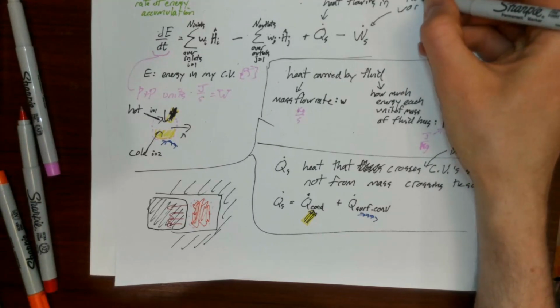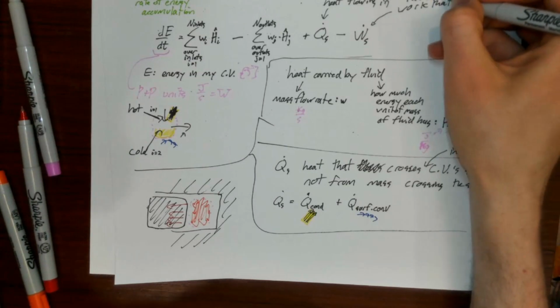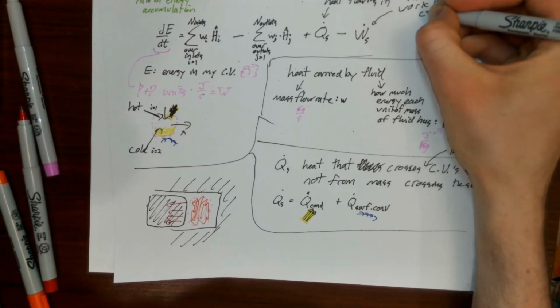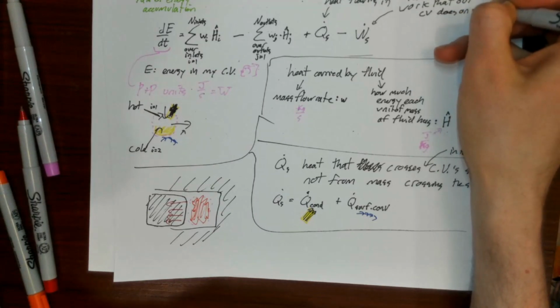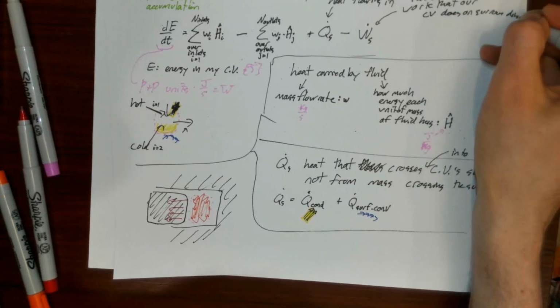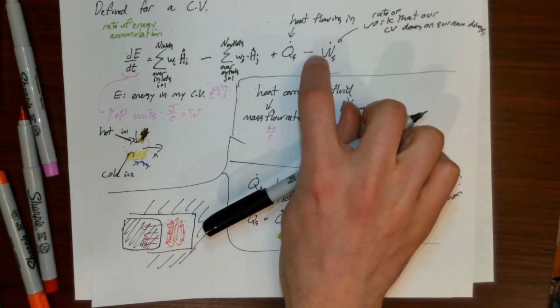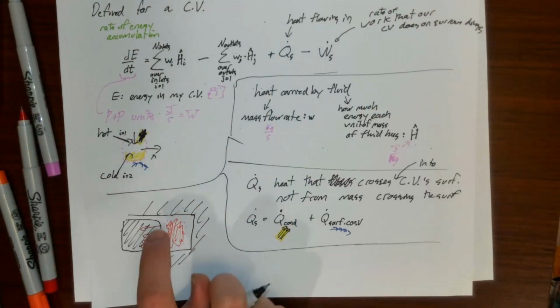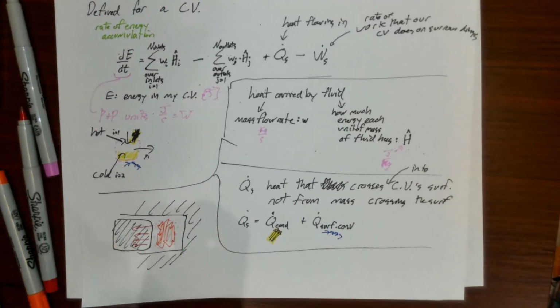Oh, so it's a rate of work that our CV does on the surroundings. And in a sense there's a minus sign out front, because any work that our CV does on the surroundings is an energy output from the system.